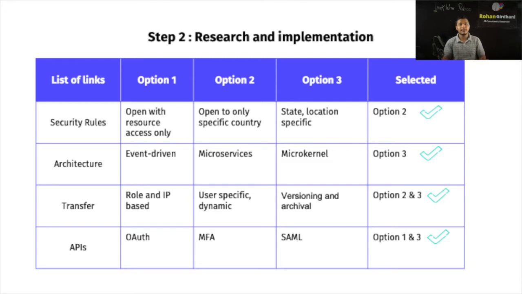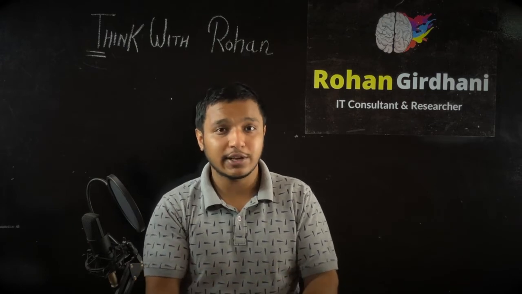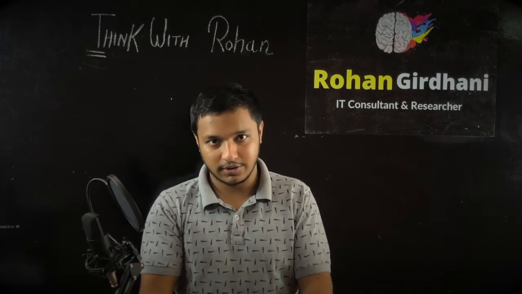So you need to plan that out ahead and select the best possible combination. As you can see, you can work on APIs or your architecture, which could be microkernel, microservices, serverless architecture. In the same way you can work on your APIs and your security rules. There are so many things to work on.